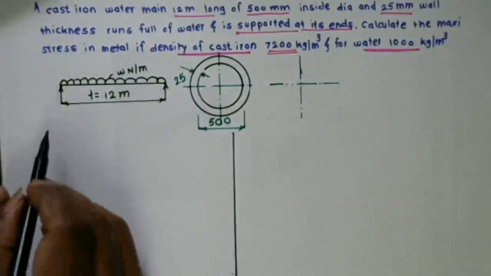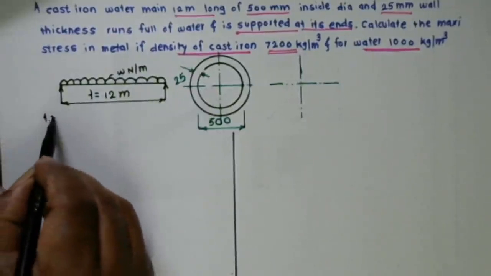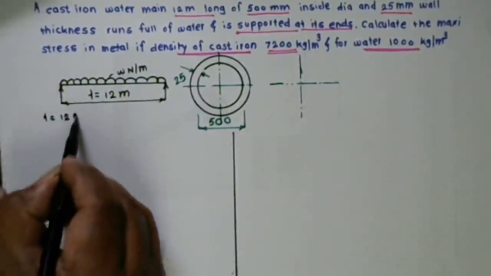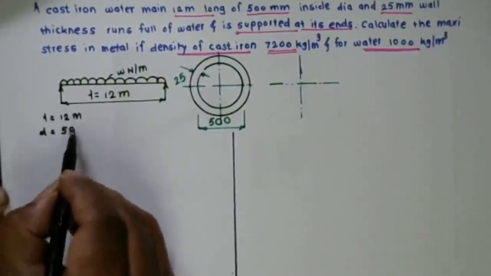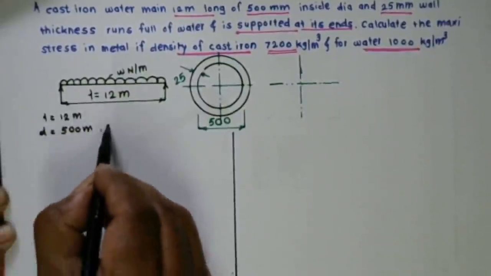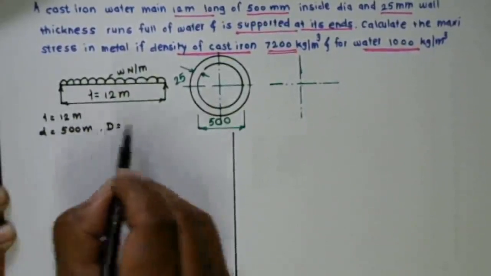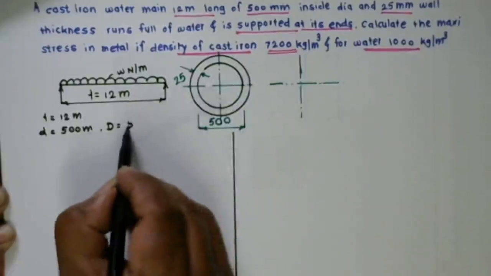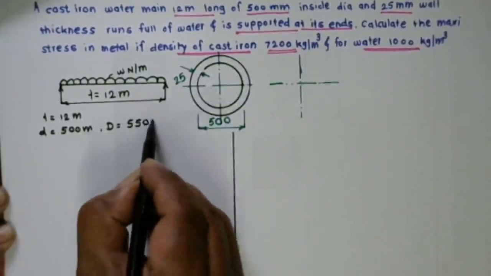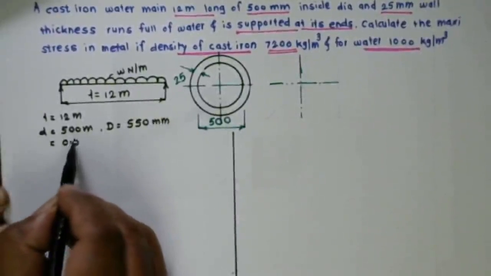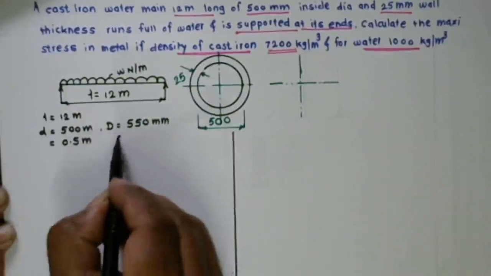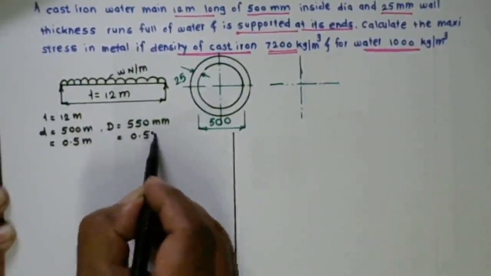Okay, now let's see. Length of the pipe is given 12 meter. Inner diameter is given 500 mm, and outer diameter of the pipe is 500 plus 25 plus 25, this becomes 550 mm. Converting into meter, 0.5 meter, and this becomes 0.55 meter.